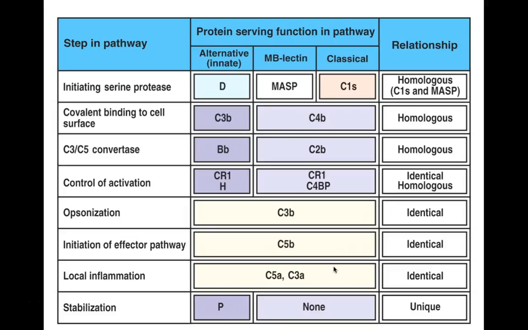C3a and C5a are the primary inflammatory fragments that are produced when complement components are activated. C4a has weaker inflammatory action. C2a is going to go off and actually interact with another component called bradykinin. And so, again, nature doesn't waste any of these parts. In fact, factor Ba serves in other pathways as well.